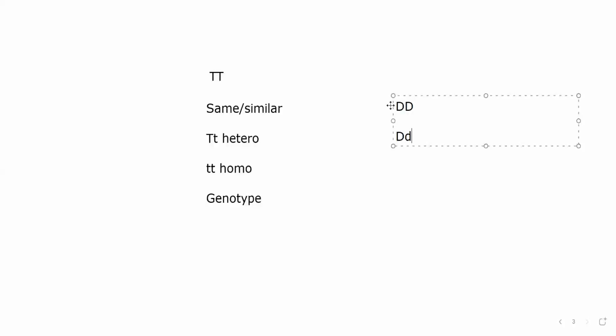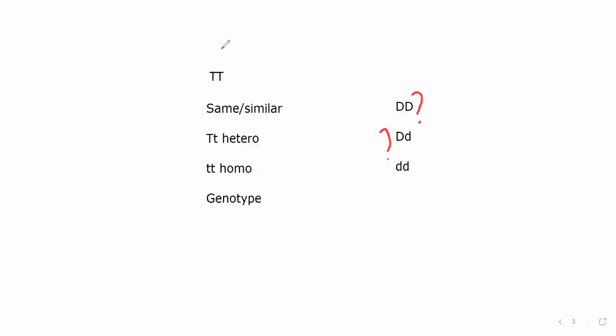I cannot state by just saying a dark fur male was crossed with a white fur female. For the white fur female, there will be no problem because there's only one option, which is this one. But then for the white fur male, it will leave us with two questions. Is it the first one, or is it the second one? That will be the question.